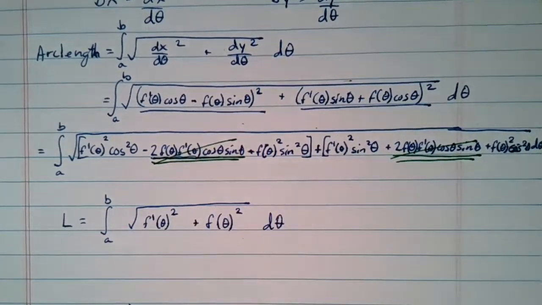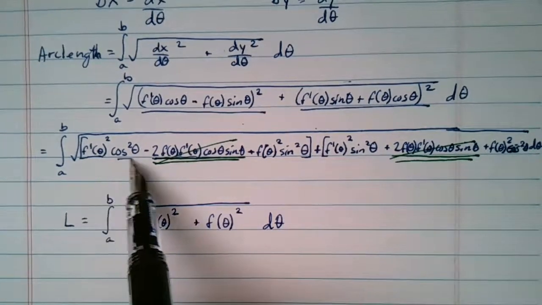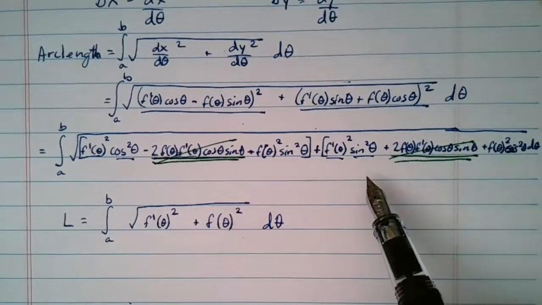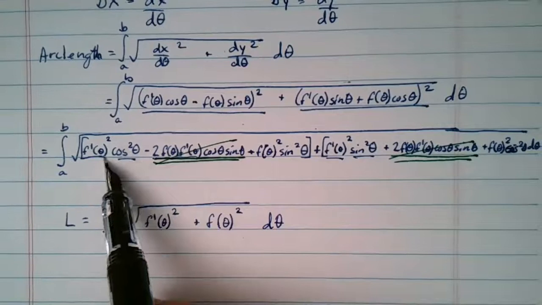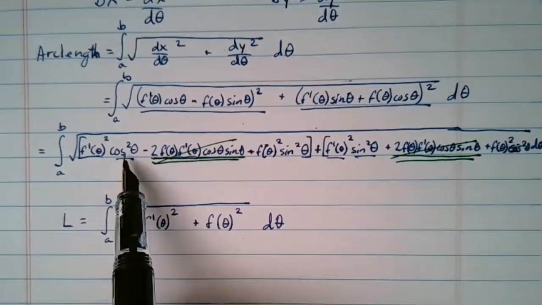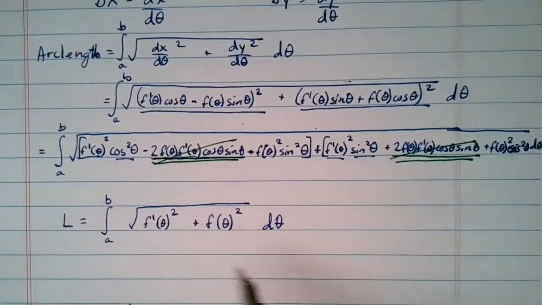Now I know you're looking at this and saying, wait, what happened? Pay attention. F prime squared cosine squared, f prime squared sine squared. It's going to be this plus this. If I factor out the f prime squared, I get a cosine squared plus a sine squared. Well, cosine squared plus sine squared equals 1. That only leaves me f prime of theta squared.